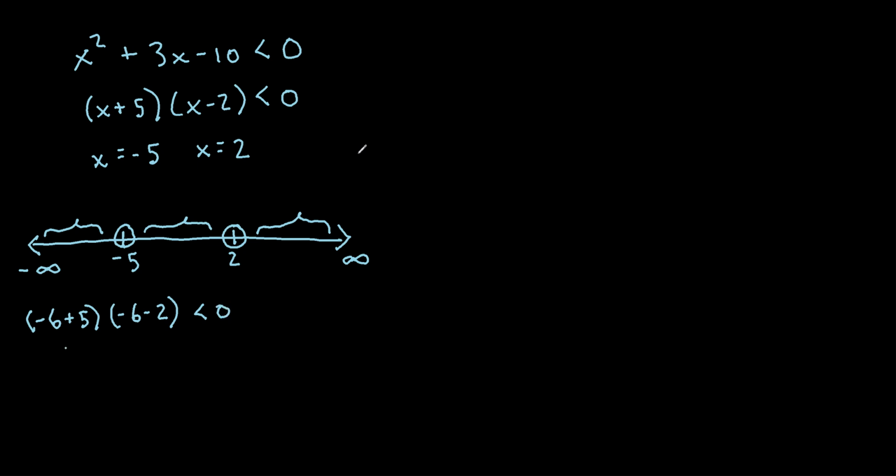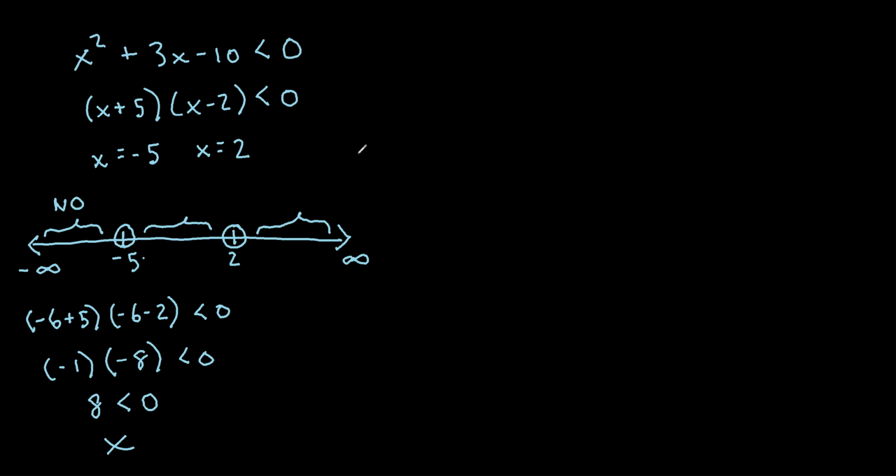So negative 6 plus 5, that is negative 1, times negative 6 minus 2, that's negative 8. So a negative 1 times a negative 8, that's a positive 8. Is 8 less than 0? No, it's not. So we will write a no for this region. These are not valid values that we can plug into x to make this expression true.